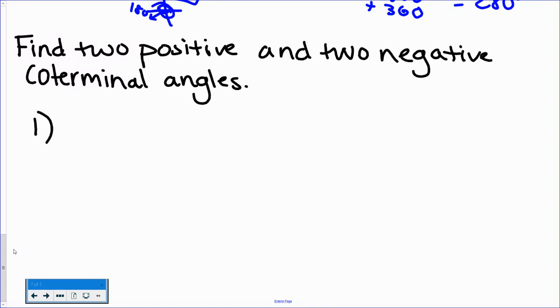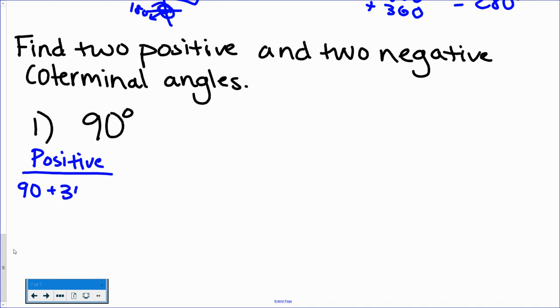So if you were given 90 degrees, I have to come up with two positive coterminal angles. So they have to land in the same spot as 90 degrees would. I'm taking 90 degrees and I'm adding 360. So I just go around one more time. That would put me at 450. All right, that would be one positive coterminal angle.